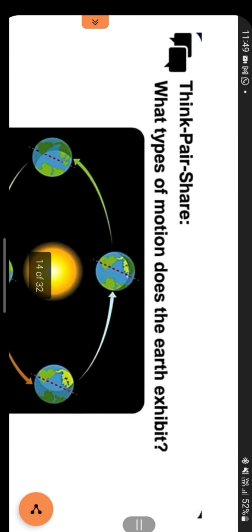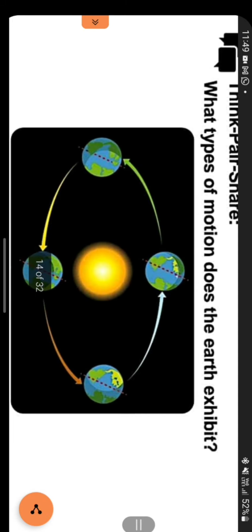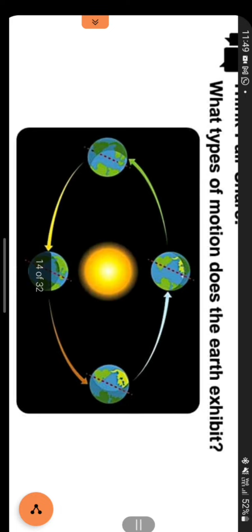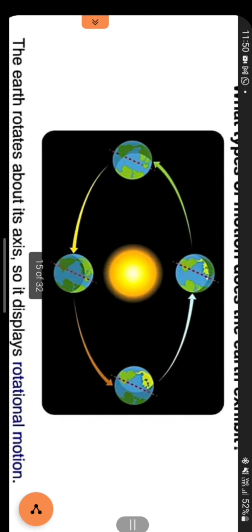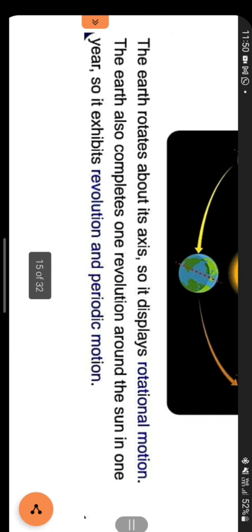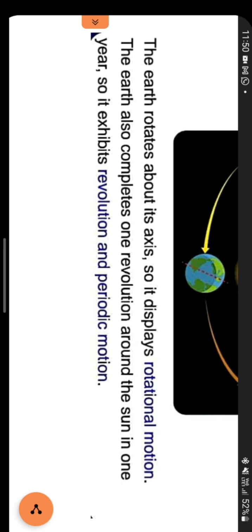Let's see another example. What type of motion does the earth exhibit? In one object, we can see more than one motion. The earth rotates about its axis, that is rotational motion, and whenever it is going around the sun, it is periodic motion or revolution. So more than one motion is possible.